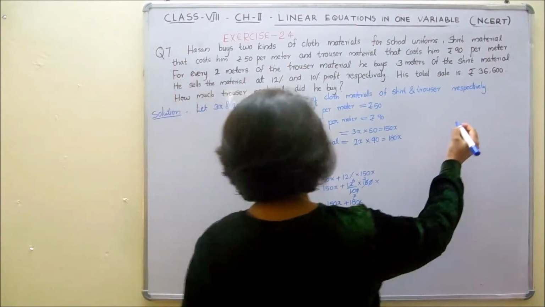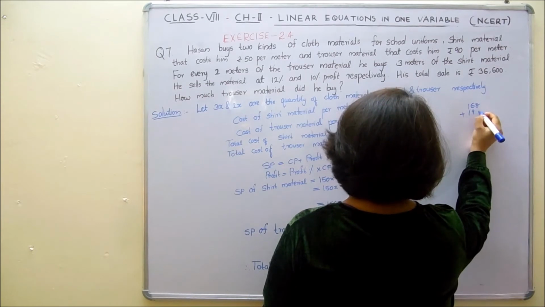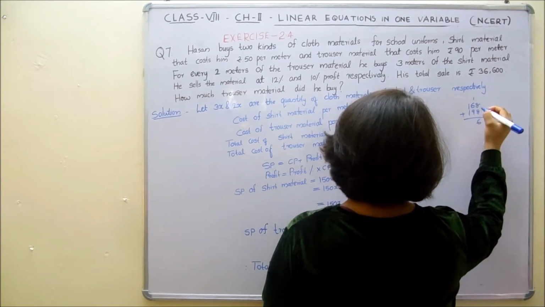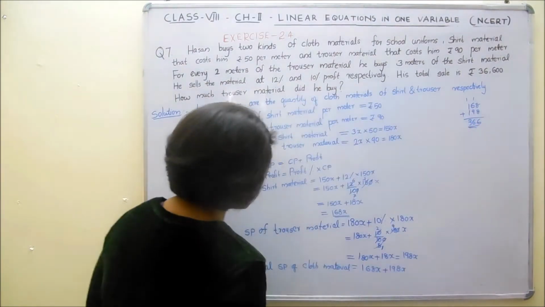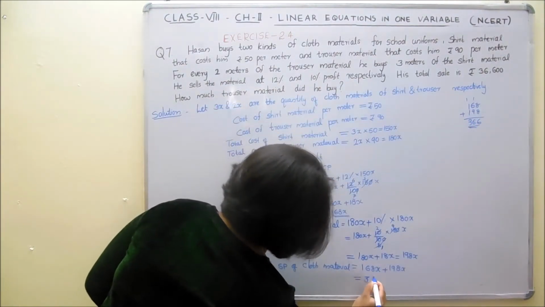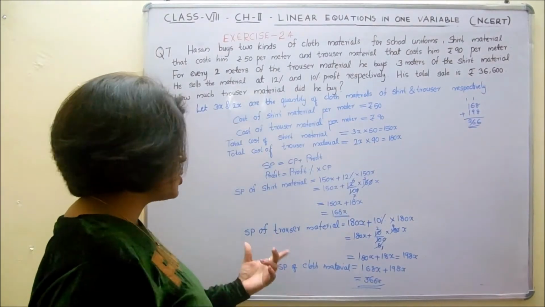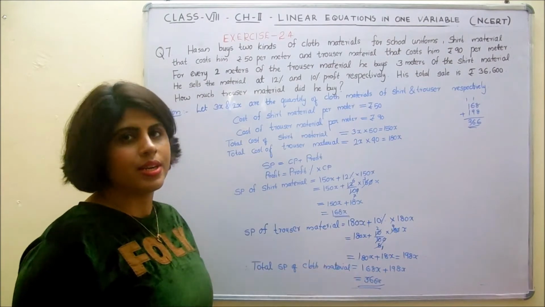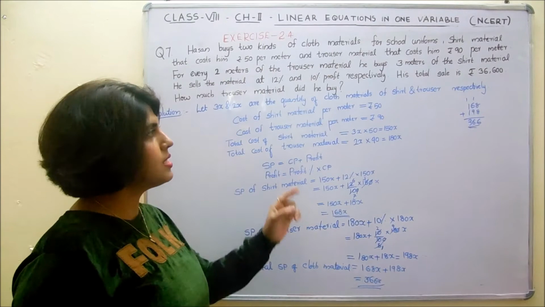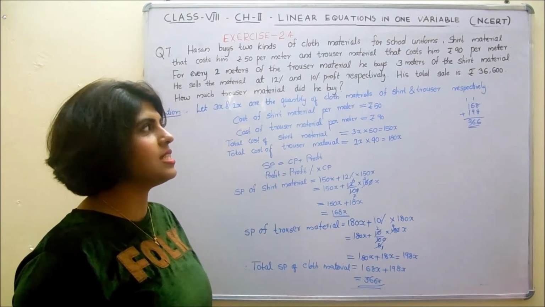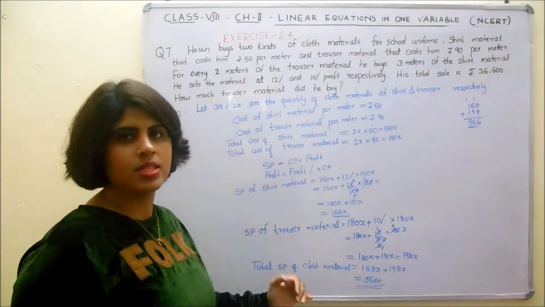What is its sum? 168 plus 198 is 366x. Right? Yes. Now we got total SP of cloth material as 366x. Here in the question it is given that his total sale is rupees 36,600. So we can equate both of this, right?